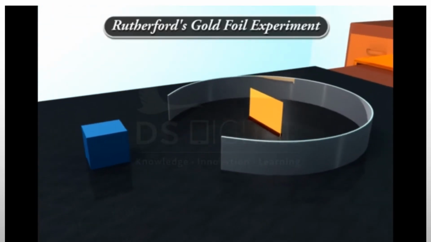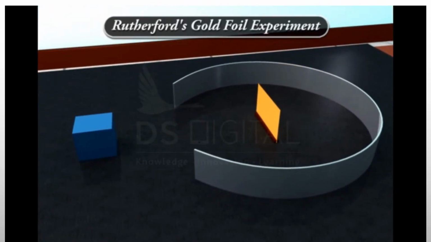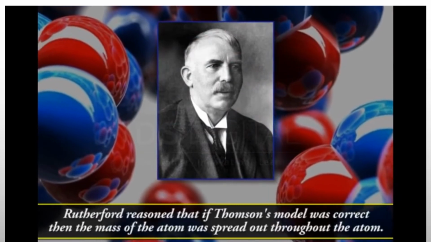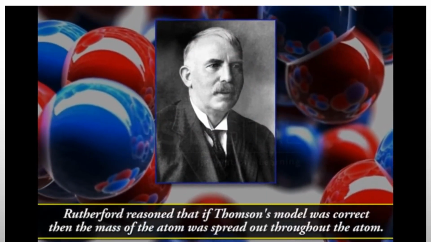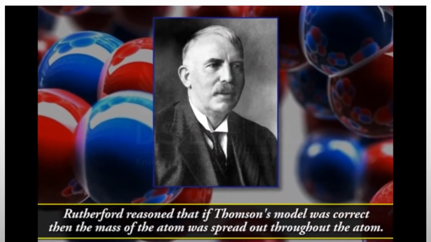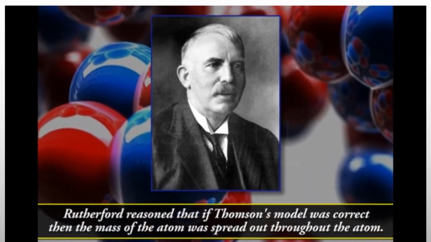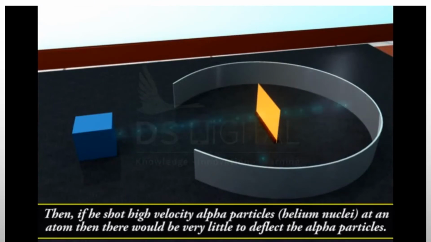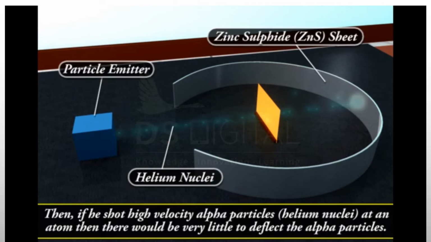Rutherford tested Thomson's hypothesis by devising his gold foil experiment. Rutherford reasoned that if Thomson's model was correct, then the mass of the atom was spread out throughout the atom. Then, if he shot high-velocity alpha particles, helium nuclei, at an atom, there would be very little to deflect the alpha particles.